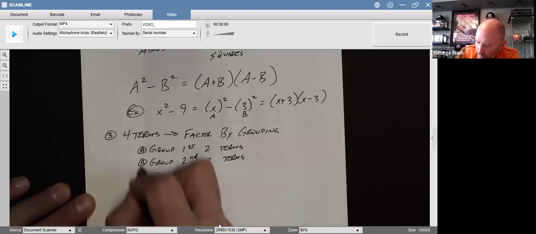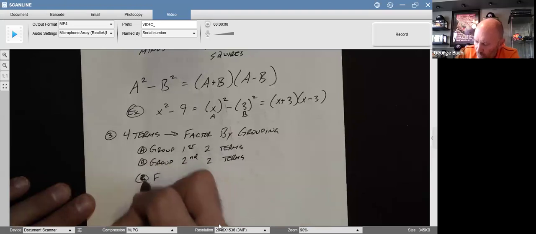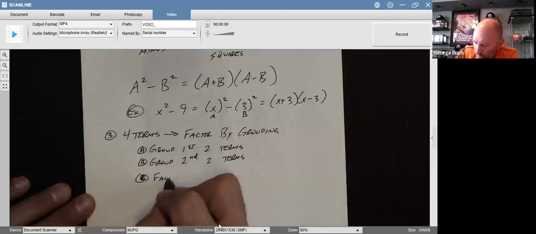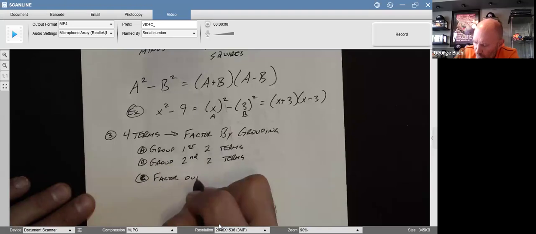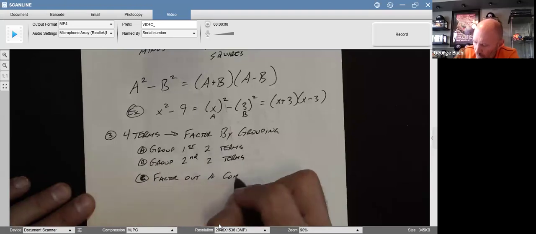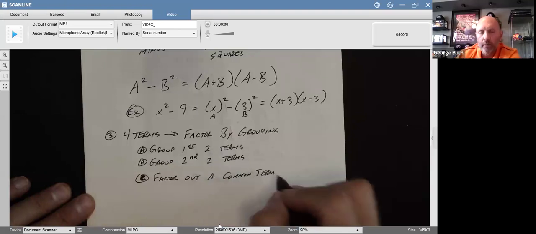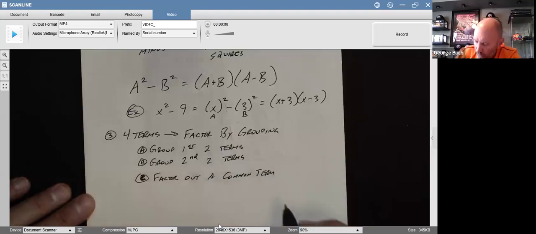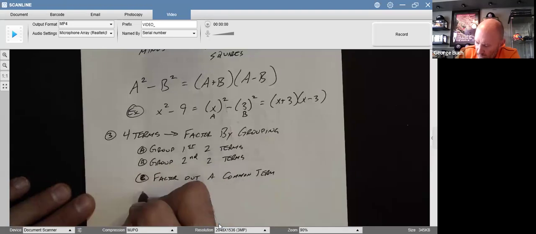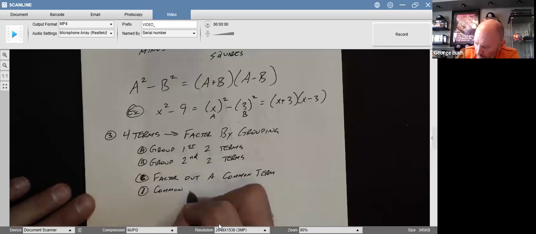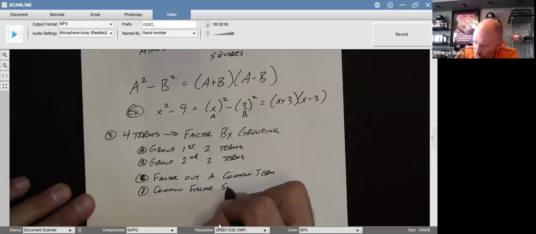This is C. And once we do that, factor out a common term from each of them. Once we do that, we should have then a common factor should emerge.